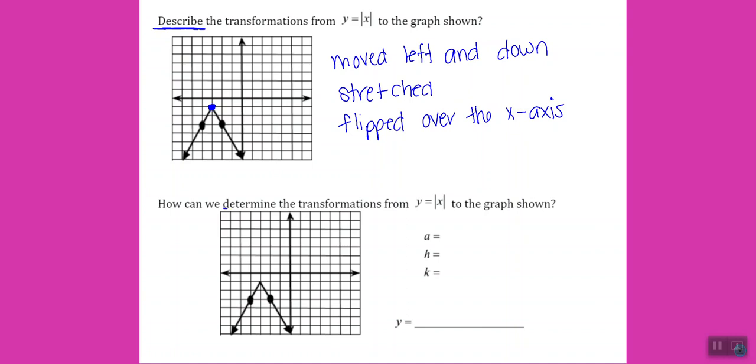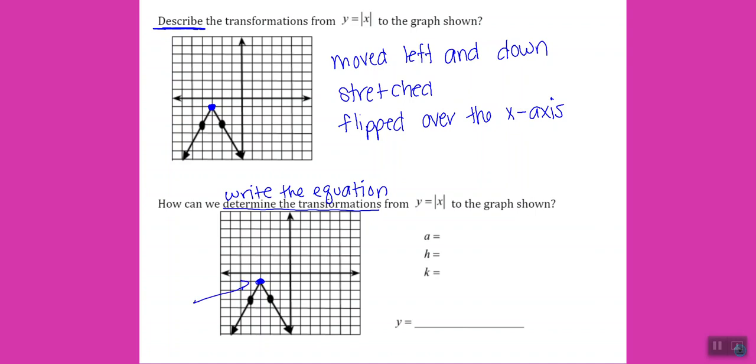Here, where it's saying determine the transformation, that's more of write the equation. And I know that's tricky because describe and determine are very similar words. So let's look at the graph. The point in the middle of our absolute value, our vertex, is still our (h, k) point.